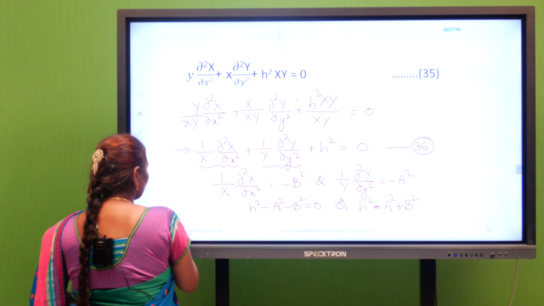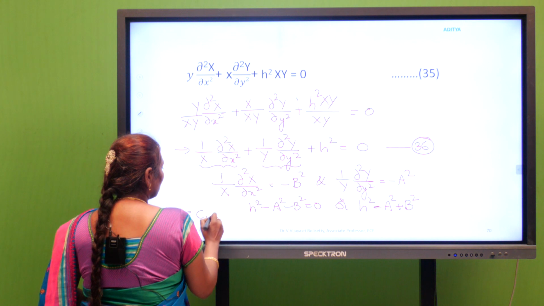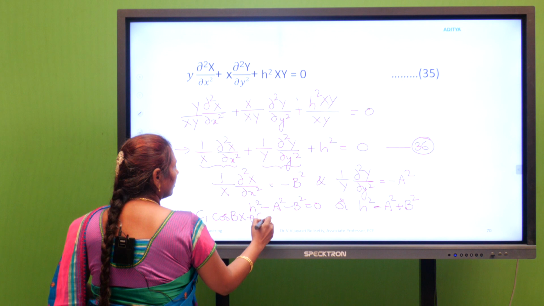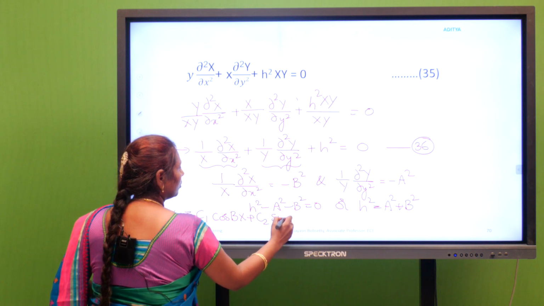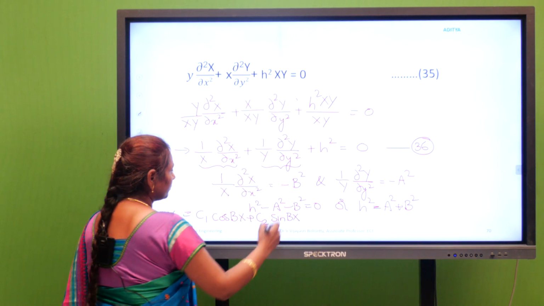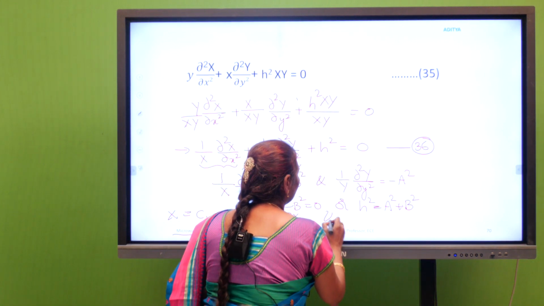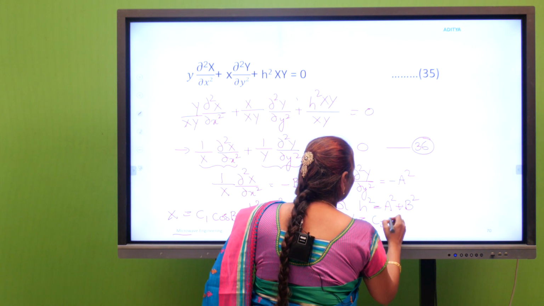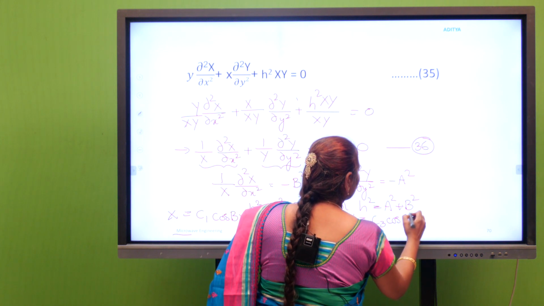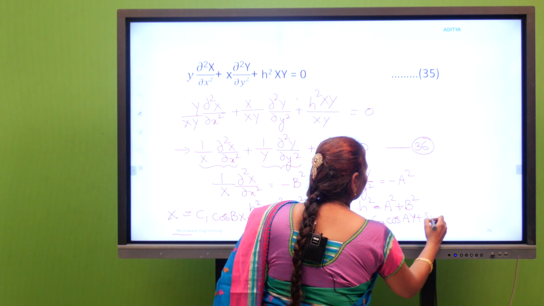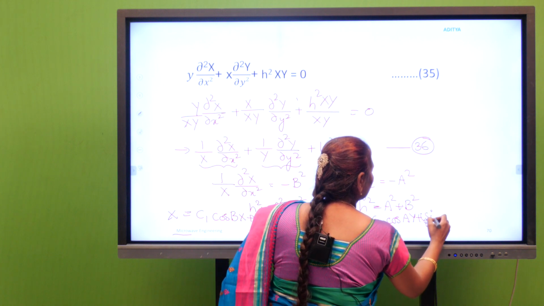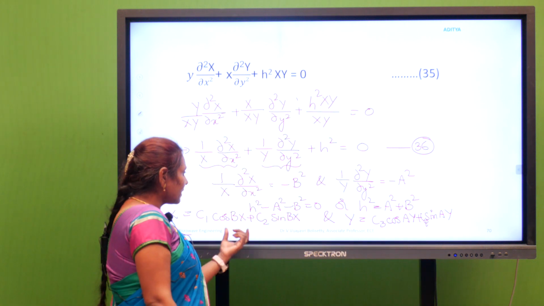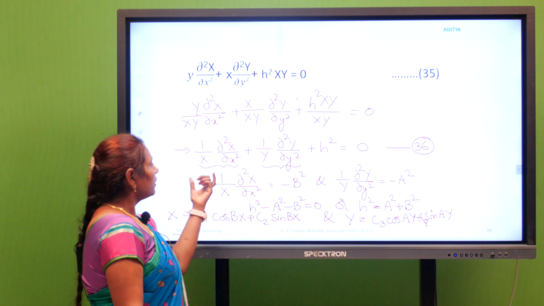So let us see: X = C1 cos bx + C2 sin bx, and Y = C3 cos ay + C4 sin ay. So we have derived X and Y using these equations.